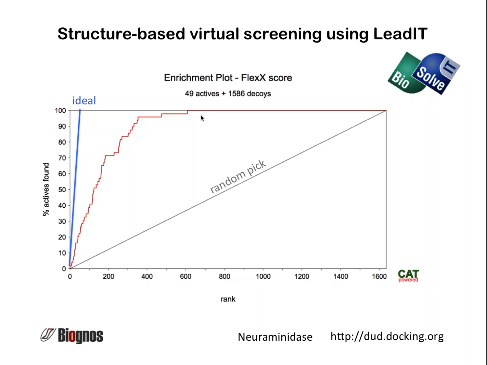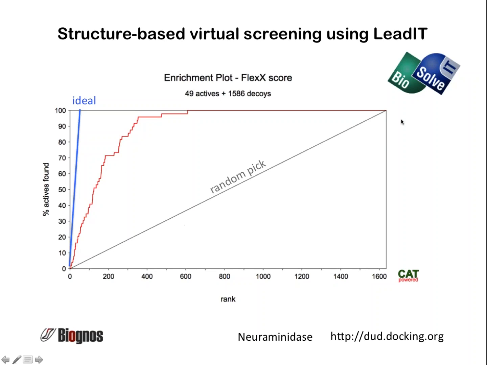Does the docking software, or the screening outcome, tell us that these compounds are active, or most likely active molecules? What you do here is take 49 active molecules and mix them with decoys, which have similar physical chemical properties. The question is whether the docking software can rank the actives higher, with a higher affinity score, than the ones that are not binding.